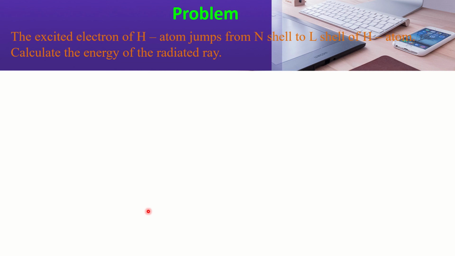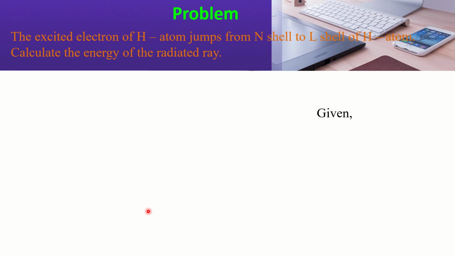You can do the math by using the formula of the previous problem, and you can also use the Rydberg equation. From the Rydberg equation, you can calculate the wavelength and frequency, and by using this frequency, you can calculate the energy. Here I will solve the problem by using the Rydberg equation.